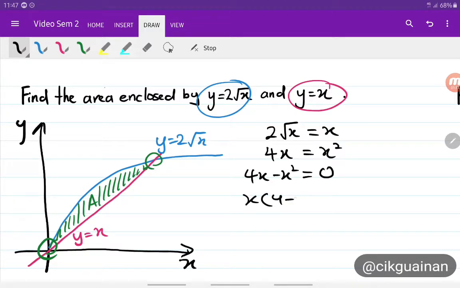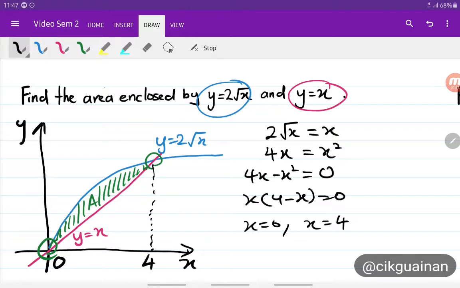So x(4 minus x) equals 0. So we have x equals 0 and x equals 4. The intersection is over here. Clearly this one we already know, because it's the origin. This one that we have to figure out is 4.